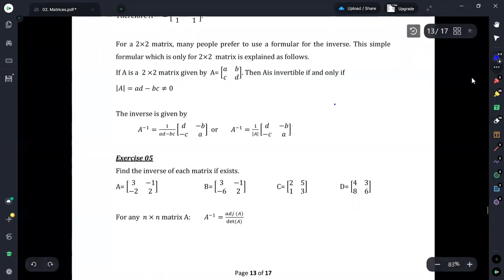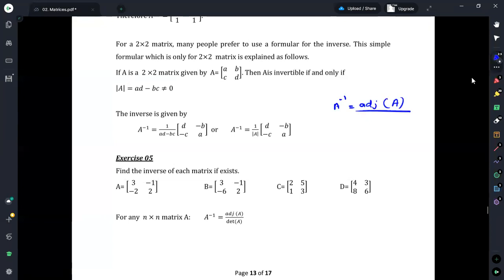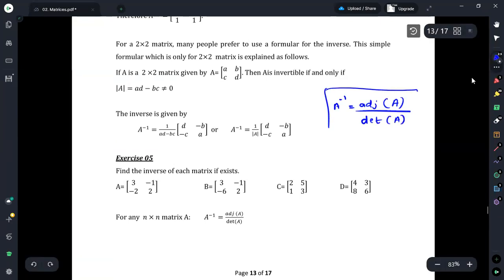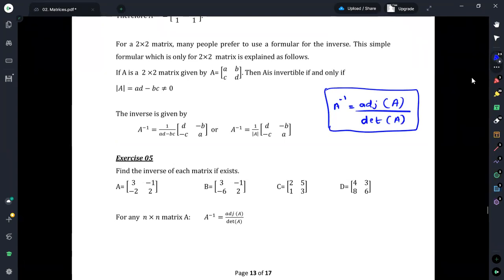Here we discussed that A inverse is equal to the adjoint of matrix A divided by the determinant of matrix A. This is the equation we use to obtain the inverse of any given matrix. Now we will see how we can apply this equation when we are going to find the inverse of a 3 by 3 matrix.